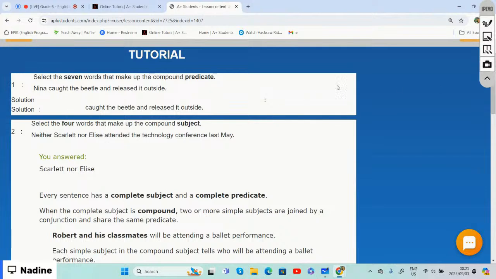Now it says we need to select the 7 words that make up a compound predicate. It says Nina caught the beetle and released it outside. We need to select the 7 words that make up the compound predicate.